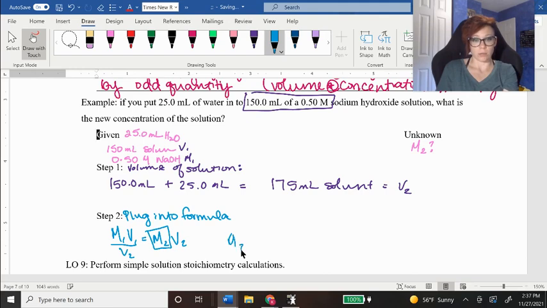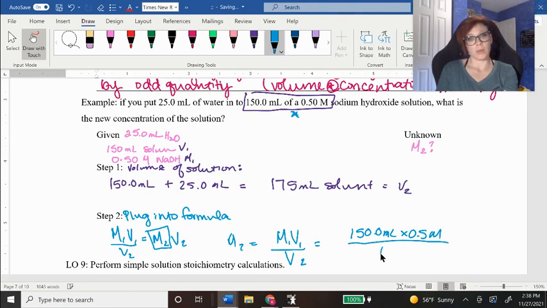So then M2 is equal to M1 times V1 over V2. And that's equal to, again, you multiply and then you divide by the odd thing out. Okay, so I've got 150 milliliters times 0.5 molar divided by 175 milliliters.